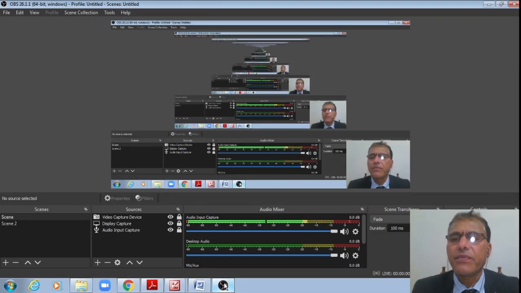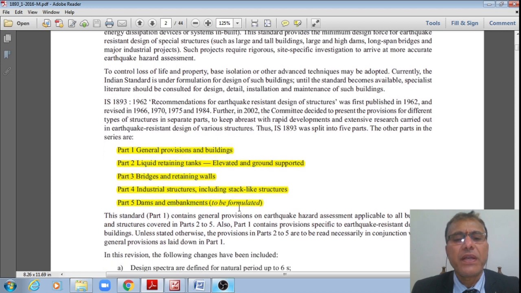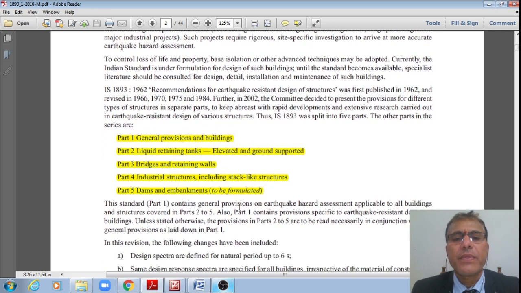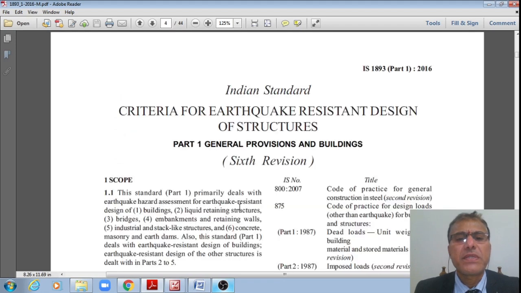The first one deals with the general provisions and buildings, and part 2 deals with liquid retaining tanks, elevated and ground supported structures, and part 3 deals with bridges and retaining structures, and part 4 deals with industrial structures including stack-like structures, and part 5 deals with dams and embankments, to be formulated. That is how the 5 parts are.